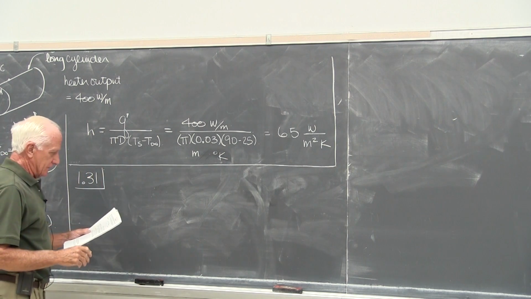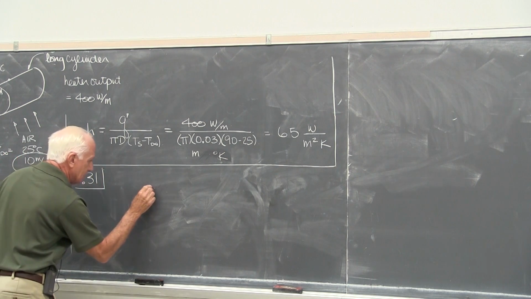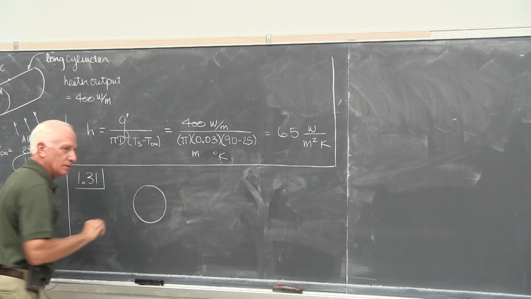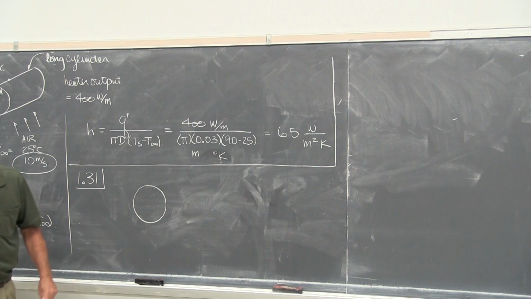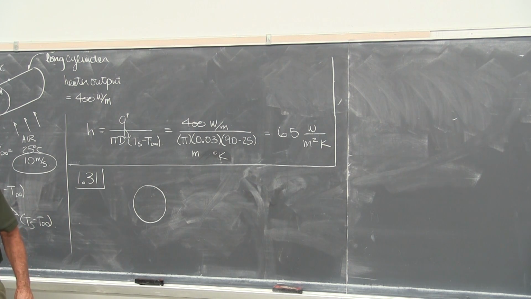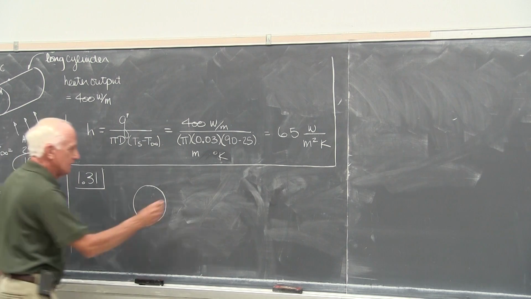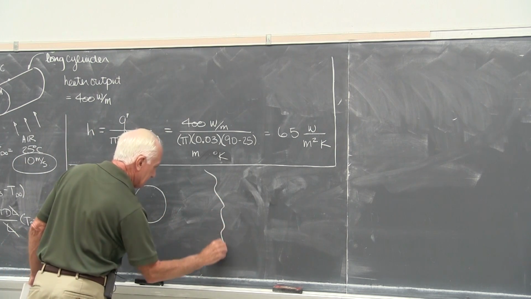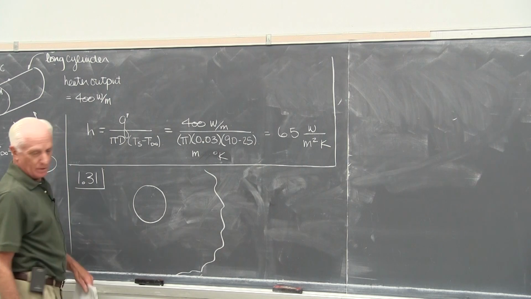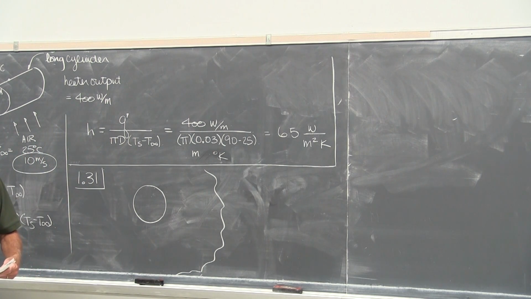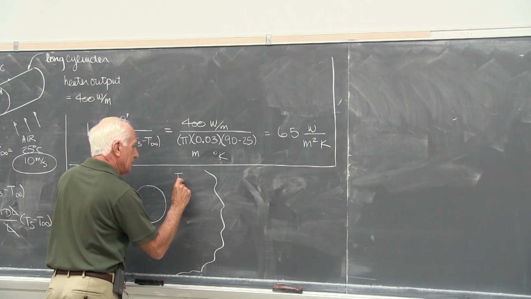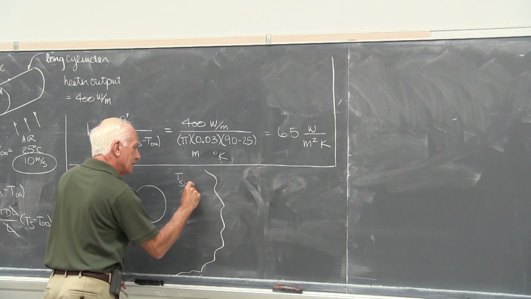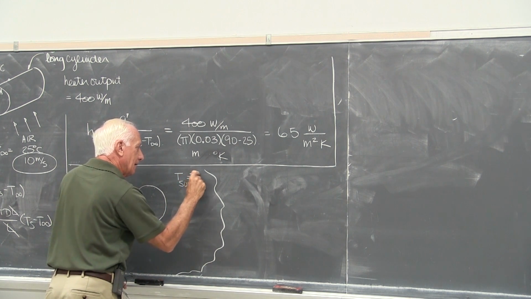Okay, we have a spherical instrumentation package. Spherical. It's in a space simulation chamber. The walls of the chamber are at 77 K absolute.